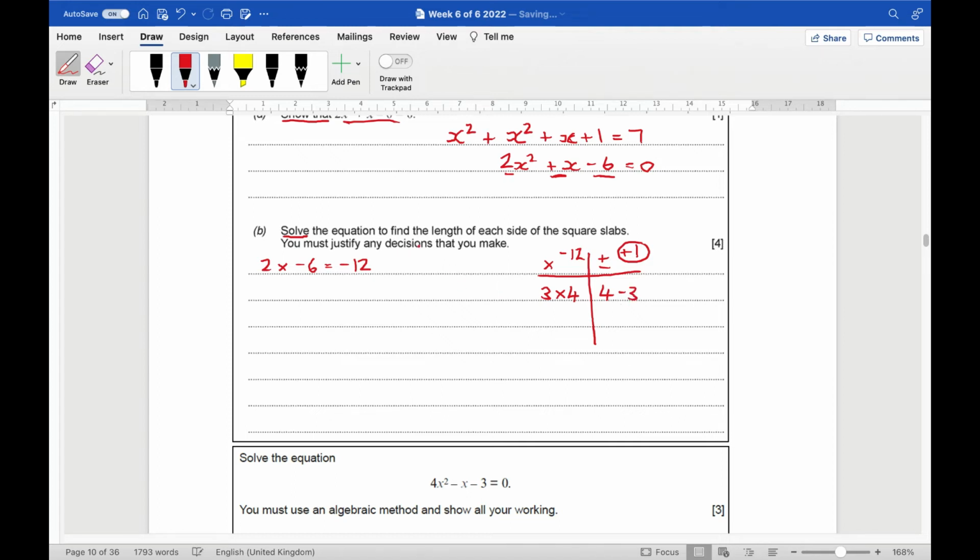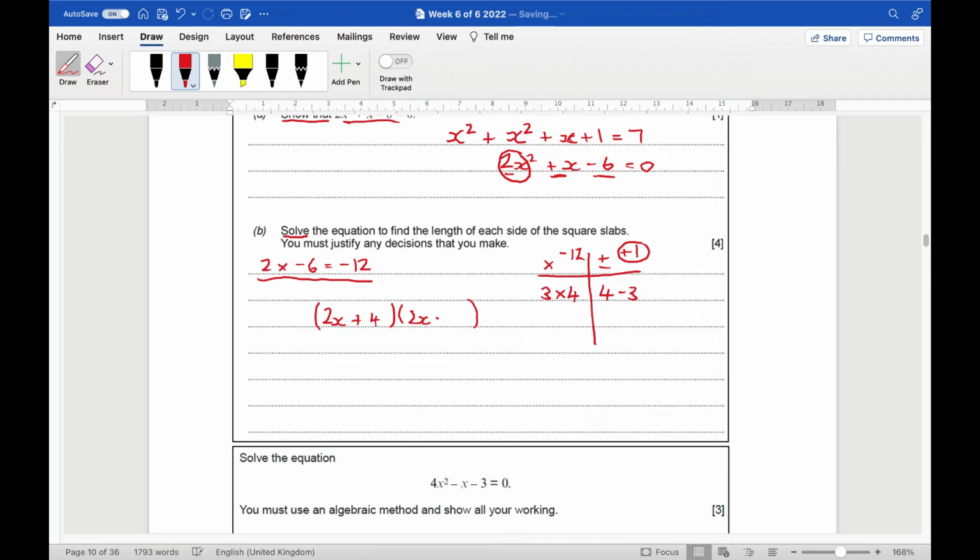The other slight difference with this method, as well as this extra bit here, is that my brackets aren't x plus something or x minus something. They are, in this case, 2x, because that's there. Okay?